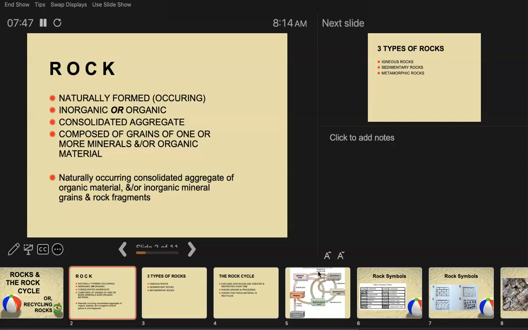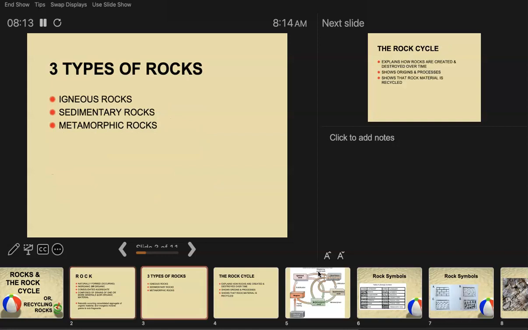I don't think you're ever going to find something that is straight up 100% organic material. There's always going to be a little bit of silt and clay and stuff in it, just because of weathering and erosion. But we call them organic rocks because the majority, you'll see that clincher here. Anyway, so that's the definition of a rock.